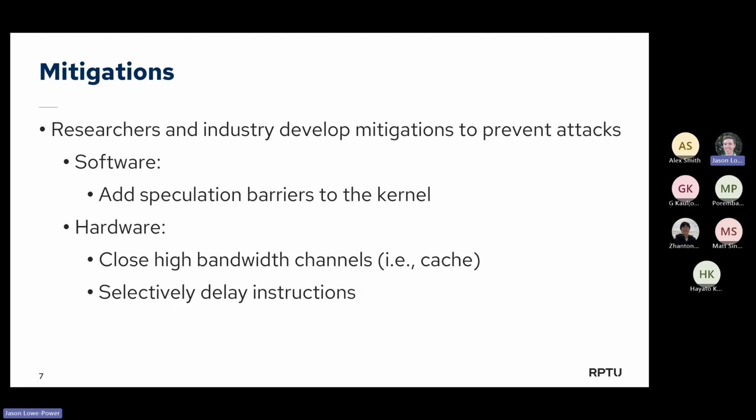But we've also seen from the example of speculative load hardening versus STT that hardware might also be a good idea. This can be done by closing high bandwidth channels, for example the cache, or by selectively delaying some instructions under some conditions.